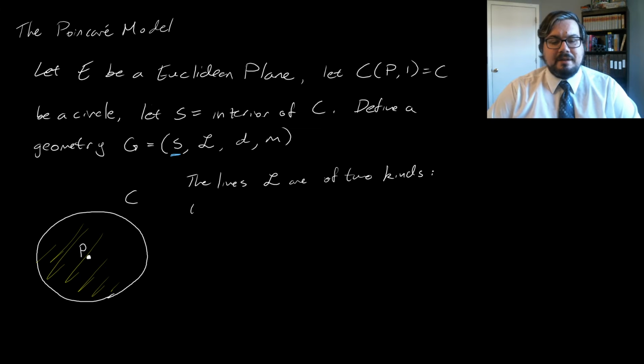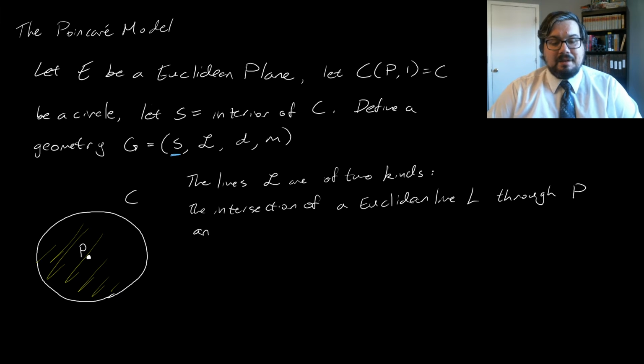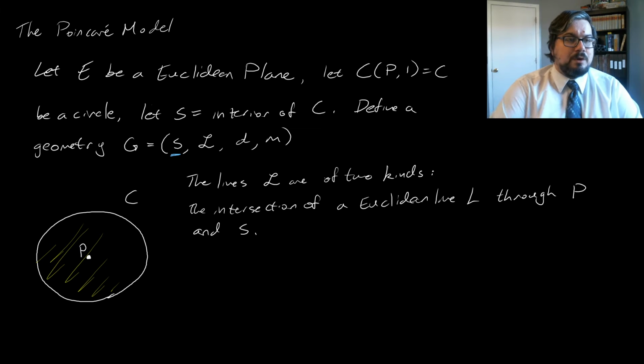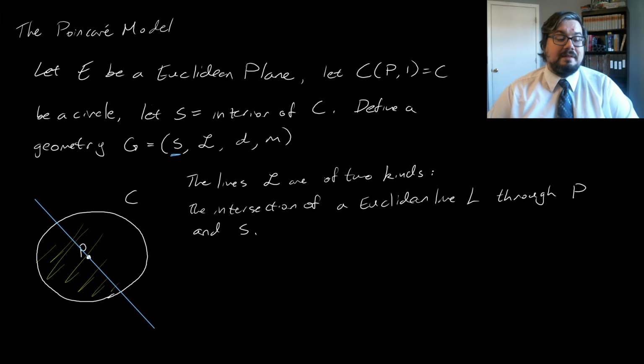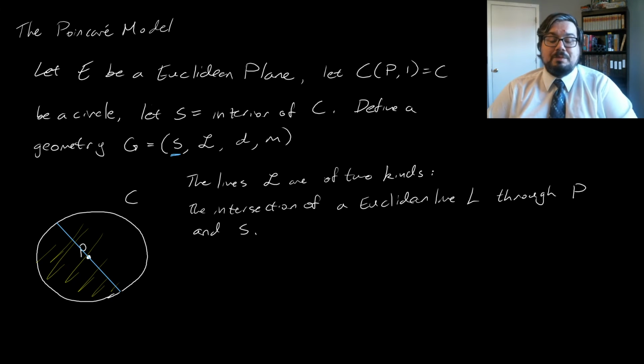They can either be the intersection of a Euclidean line L that goes through P and S. So if we were to take a Euclidean line that sits in our plane and happens to go through the point P, and then just get rid of all the things that were not inside our geometry, this would be one example of a line in the Poincaré model.